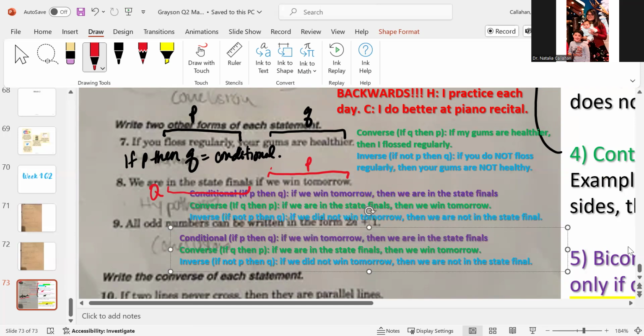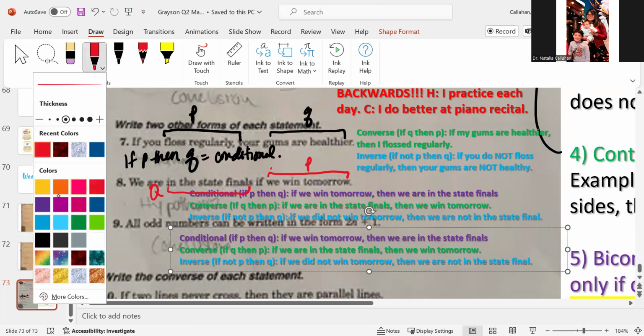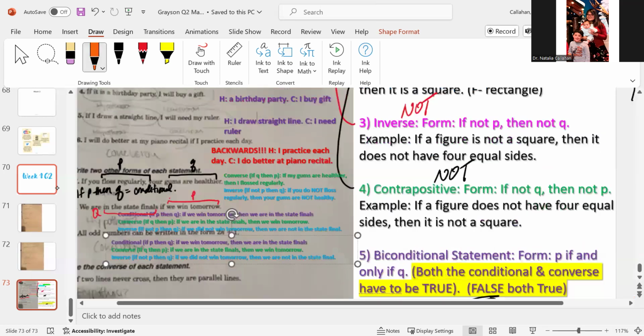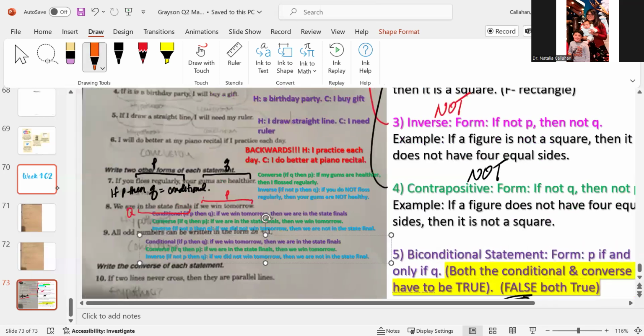Okay, number 9. Where's your P and where's your Q? Two what? Two n? Yeah. Okay. What's your P? Like this, all numbers. Good, that's your P, right? Where's your Q? Good.